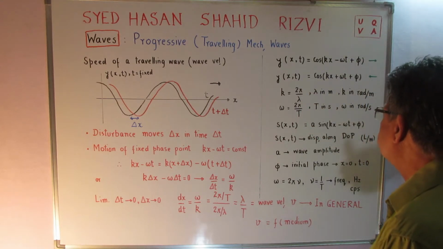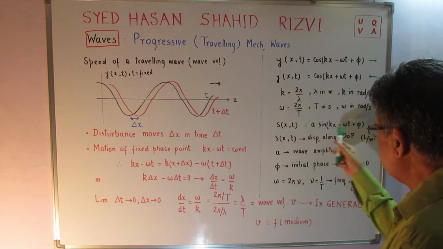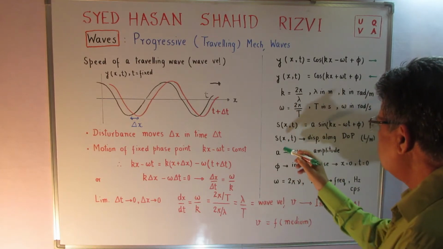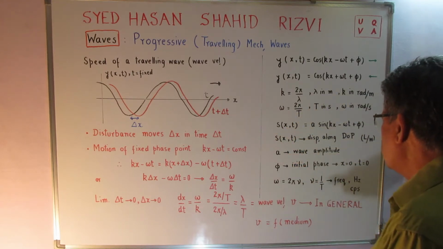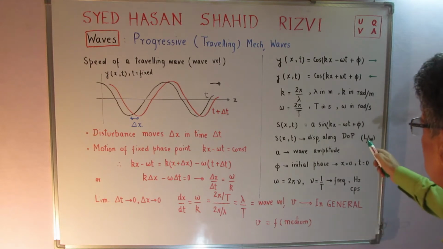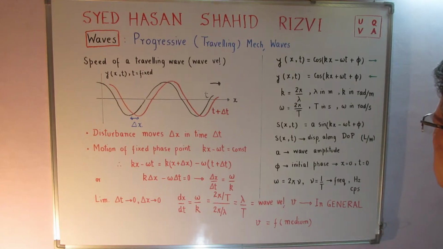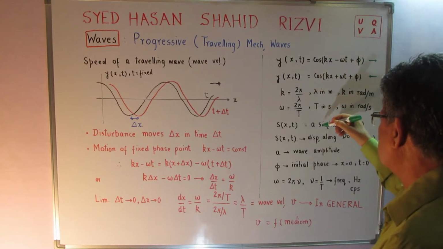Now this is about the transverse waves, and for the longitudinal wave I have the longitudinal disturbance s(x, t), which is along the direction of propagation. Of course, instead of taking cos, I have taken sine.